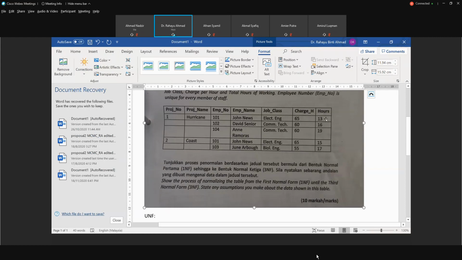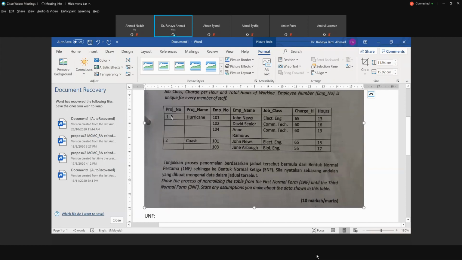Okay, what about hours? Does hours depend on job class? No, right? Because you tengok electrical engineering 13, electrical engineering 15. So dia tak tentukan. So adakah project number dan employee number dia akan tentukan employee name? Is it? No, right? Yes, Daniel say no because you only need employee number, that's it, to tentukan employee name.